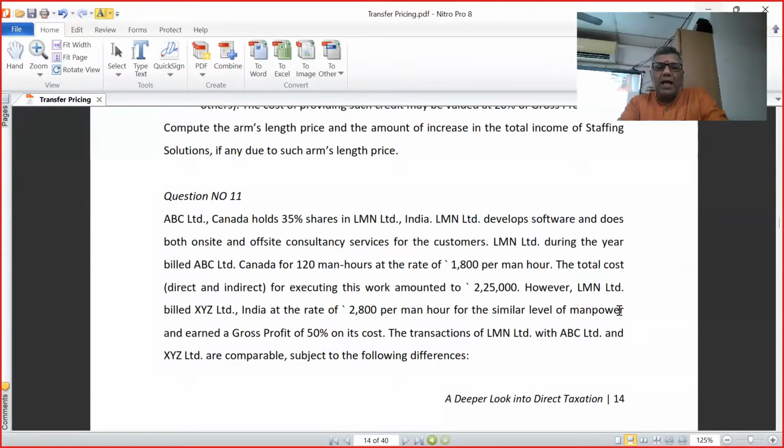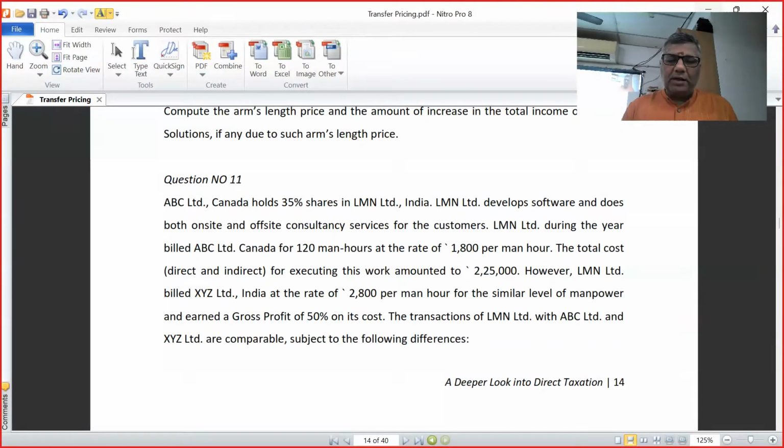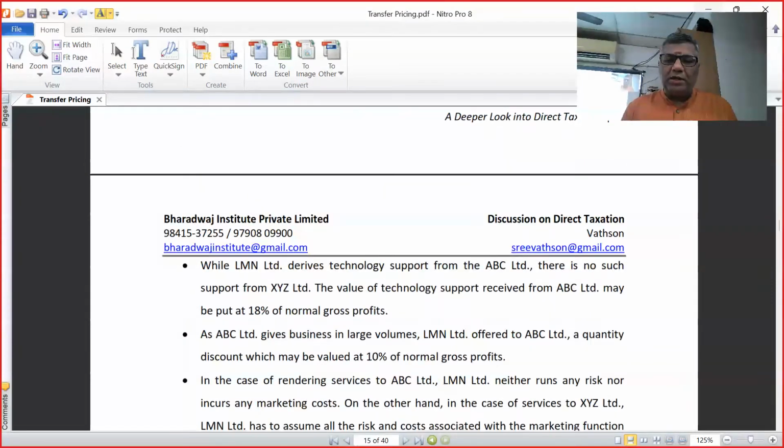The total direct and indirect cost is 2,25,000. However, Element Limited billed XYZ Limited India at the rate of 2,800 per man hour for the similar level of manpower and earned a GP of 50%. The transactions are comparable subject to the following differences.